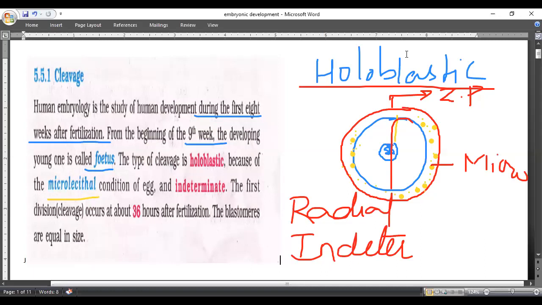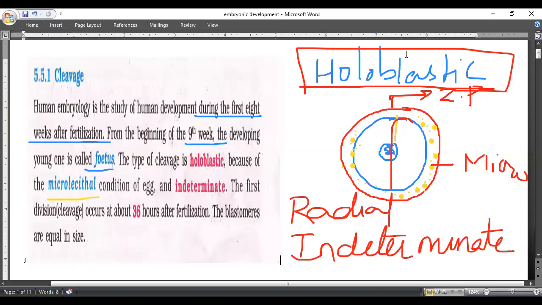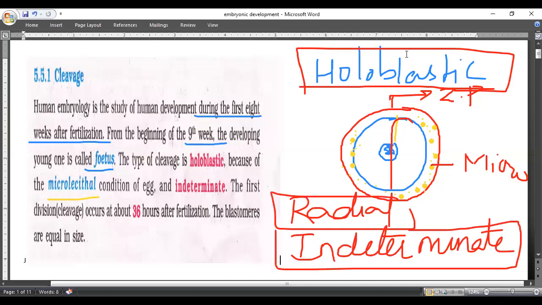The cleavage patterns to be remembered are holoblastic, radial, and indeterminate. After the cleavage, the blastomeres formed are equal in size, so we say equal cleavage: holoblastic, radial, indeterminate, equal cleavage with a microlecithal egg.